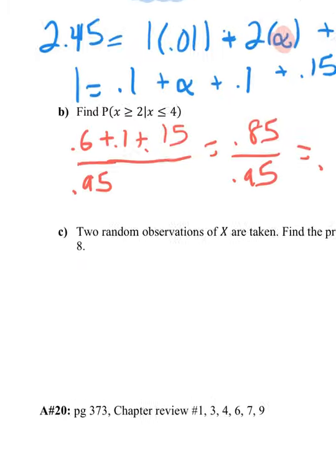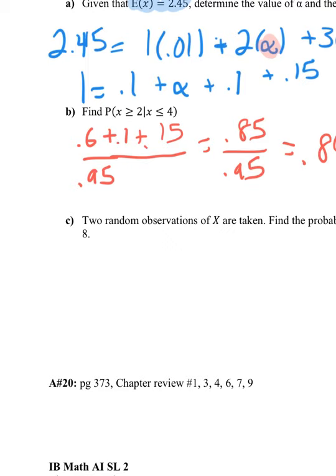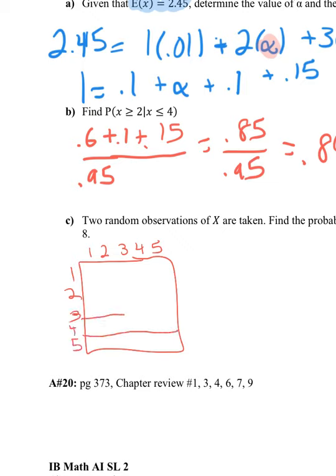So this last one is going to be more like if we created the table, like the dice roll, and we say there's a possibility of 1, 2, 3, 4, and 5 on each side. And so it looks like there are going to be 25 outcomes of sums, right? The sums that are greater than 8 are going to be a 10, a 9, a 9, an 8, an 8, and an 8.